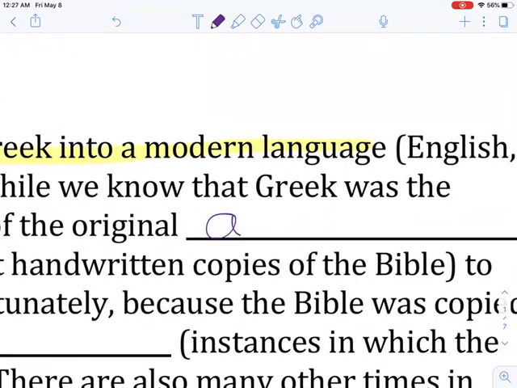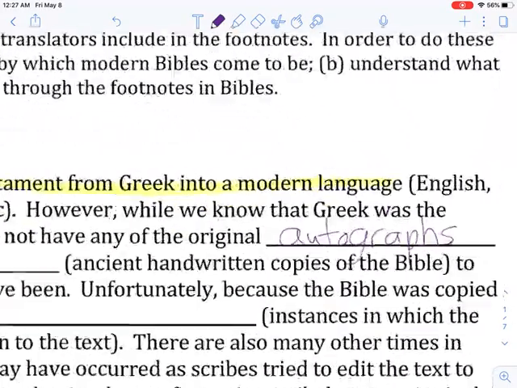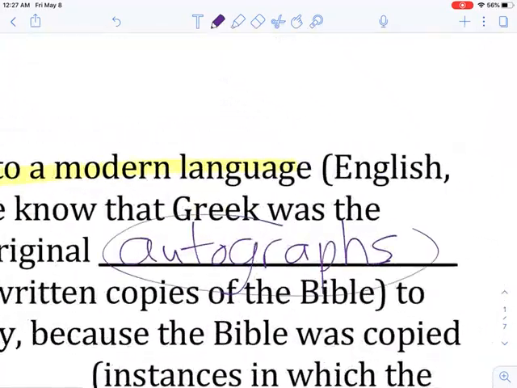An autograph is the original copy of the Bible, just like an autograph you got from a famous sports star would be the actual signed piece of paper. When we talk about autographs in the Bible, we're talking about the original copies of the Bible.